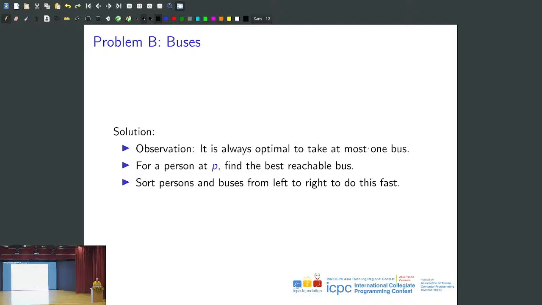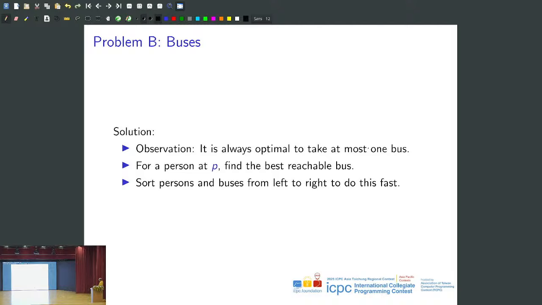But here, the buses all drive with the same speed, and you can never use a bus to catch another bus because the distance is always the same. So that makes it much easier if you realize this.